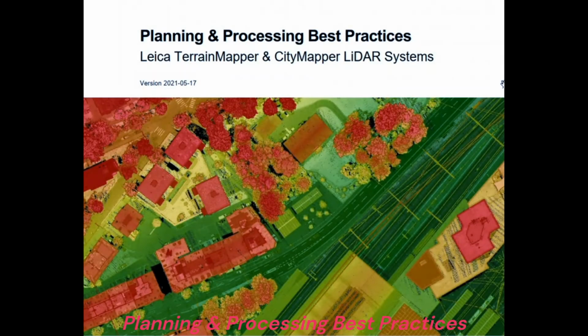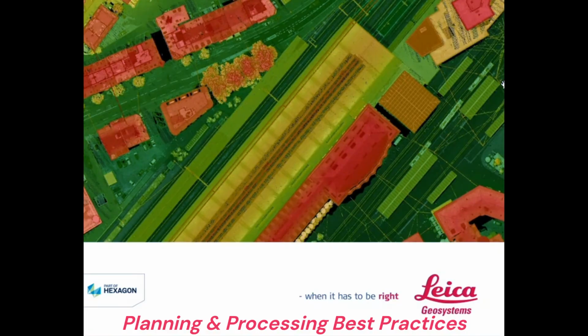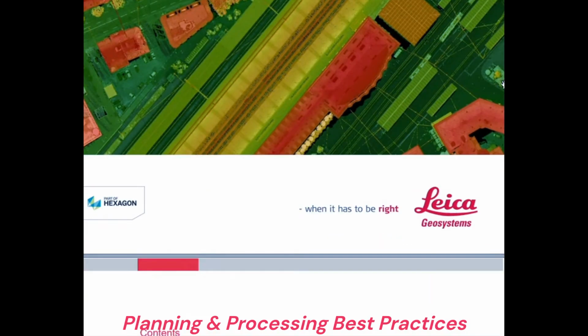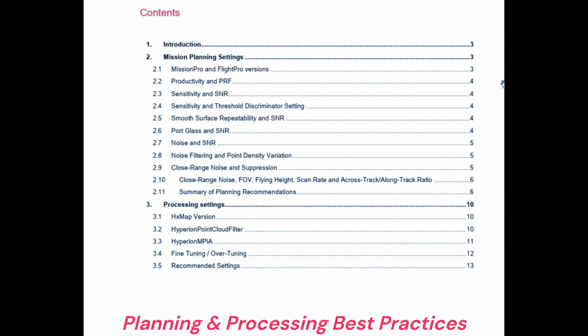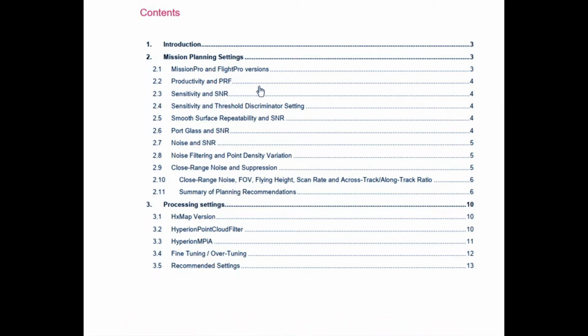It will also be handed over to the customer when we do the training. Basically, here is an explanation, step by step, about Mission Pro and Flight Pro version dependency, productivity and pulse rate frequency, sensitivity and signal to noise ratio, sensitivity and threshold discriminator settings, surface repeatability and SNR.